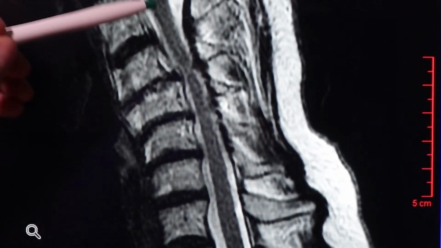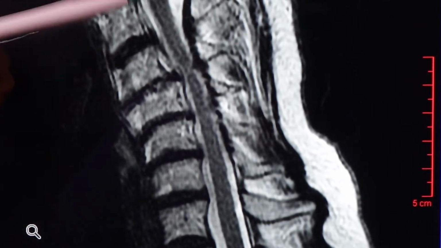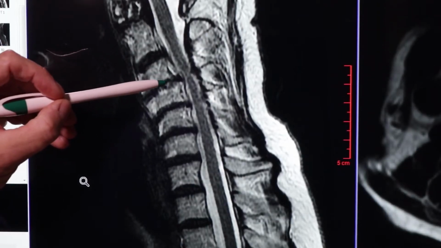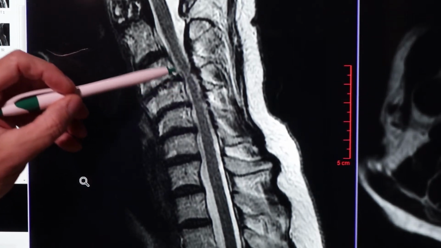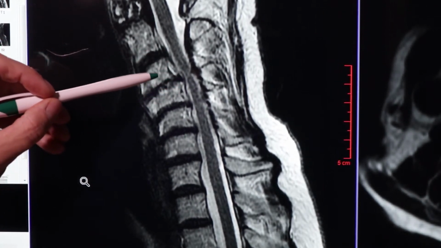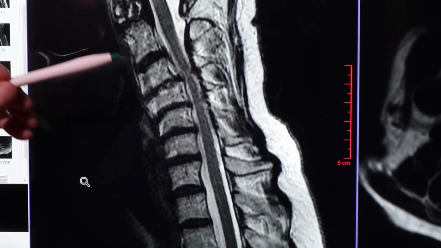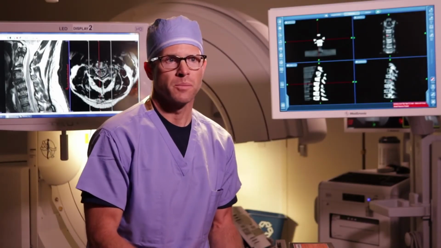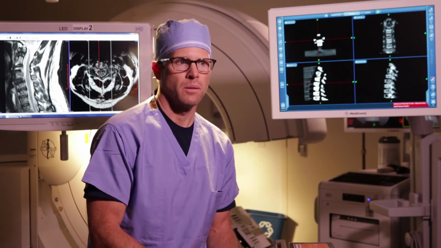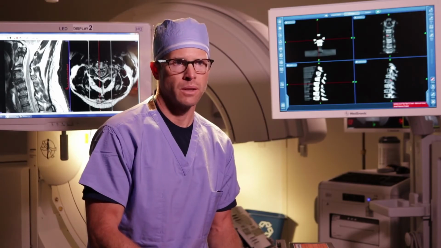This long black stripe is your spinal cord, and when one of these discs ruptures, it either causes pressure on the spinal cord, as you see here, or it can cause pressure on one of the nerves that branch off the spinal cord. And pressure on a specific nerve or the spinal cord is what generally causes the majority of the problems for any given individual.